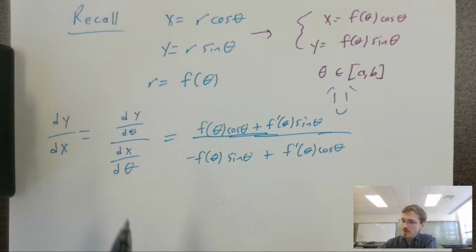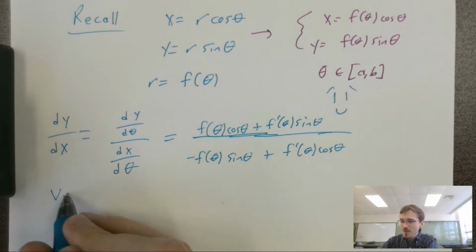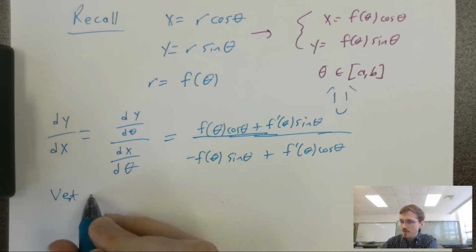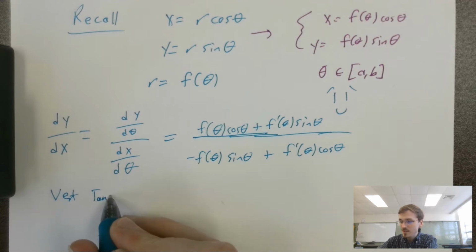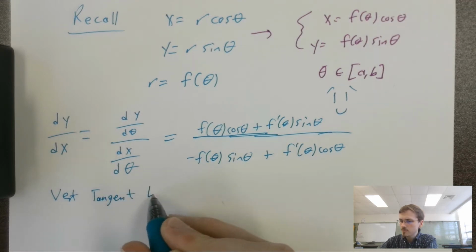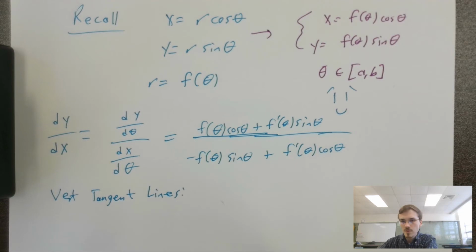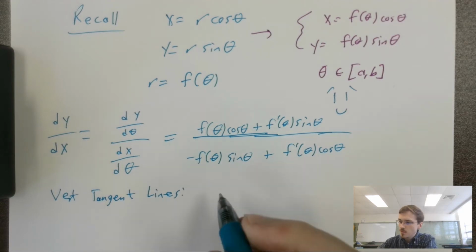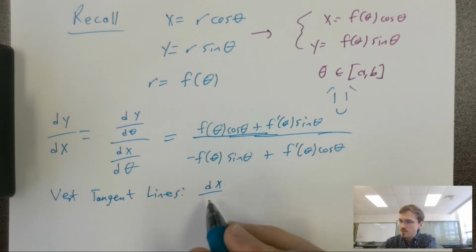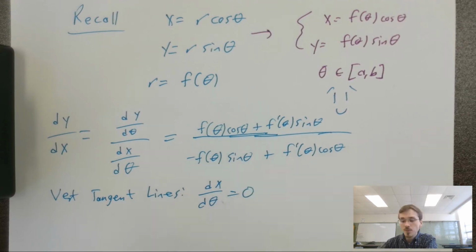As always, because the setup is the same now that we are in parametric equation land, right? When will we have vertical tangent lines? Those correspond, of course, to whenever dx/d theta is equal to 0.